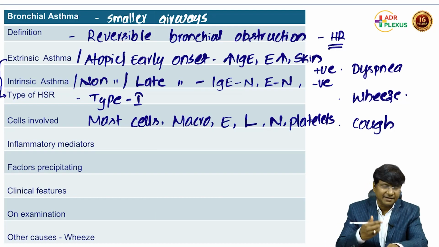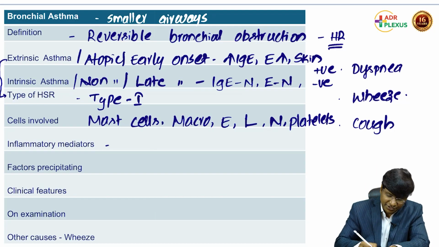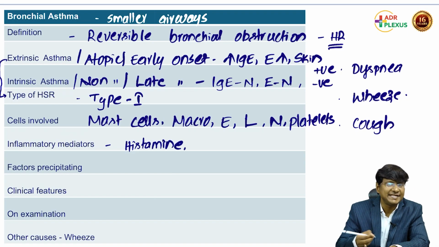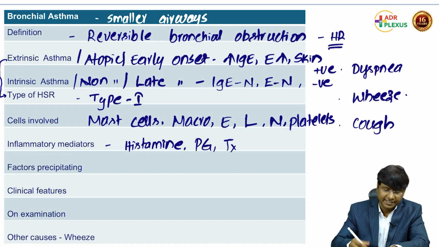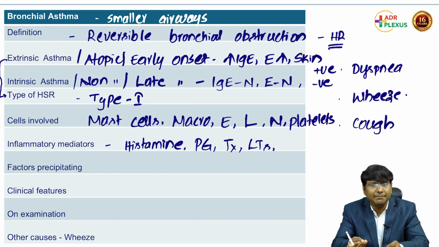Then what are the inflammatory mediators? The inflammatory mediators released from these inflammatory cells include histamine, which will cause bronchoconstriction. Right, and apart from histamine, the other inflammatory mediators are the prostaglandins, then thromboxanes, then leukotrienes. Examples of the leukotrienes are LTB4, C4, D4 and E4.